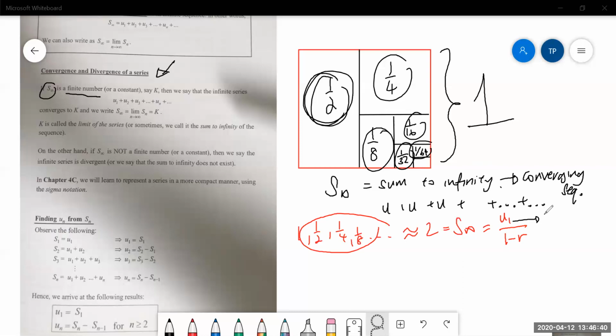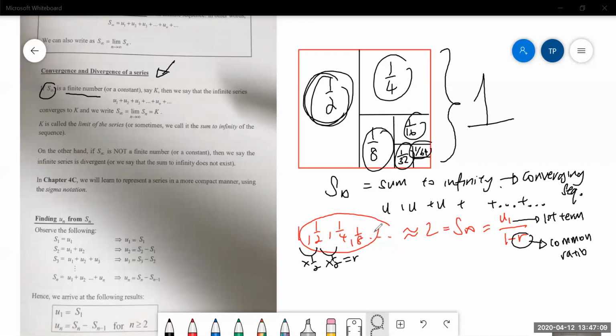Very good. What is R? It's called the common ratio, or in this case, you can understand it as the common multiple, which is half, because you keep multiplying by half. So this half here is your R.